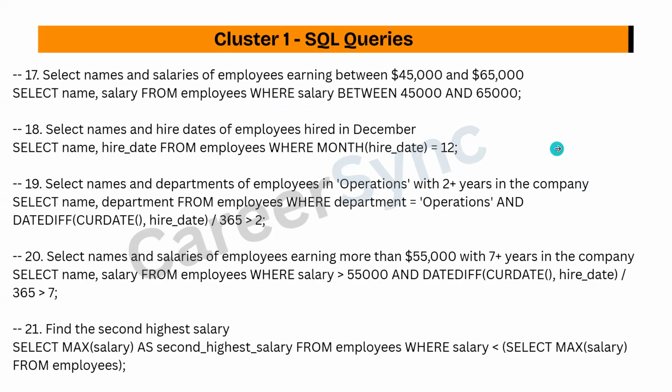You should check and solve each and every query because all of these queries were asked and not a single one is out of syllabus. So if you can solve these queries, you will clear the SQL query round in cluster 1. Also, you need to cover the SQL queries from cluster 2 and 3 in the upcoming part.